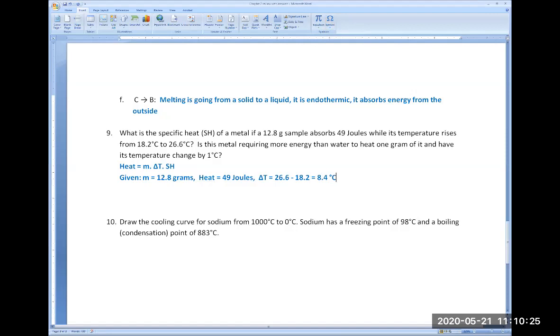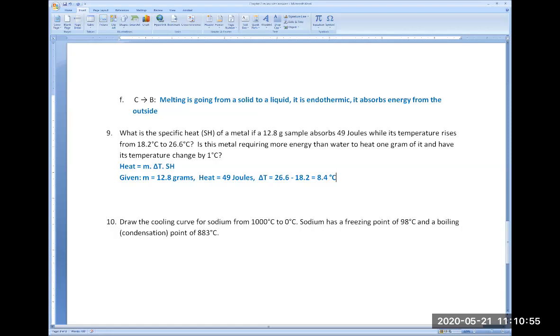So imagine you have this small piece of metal and you're applying heat to it. You're warming it up. You measure the temperature before you start heating. It was 18.2 degrees. And you stop when it's 26.6 degrees, and you record that. And so the piece of metal has been warmed up between these two temperatures.